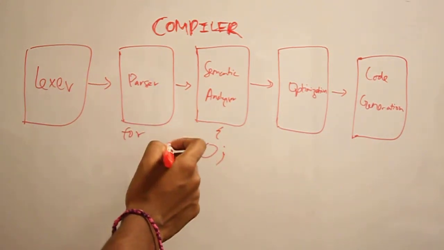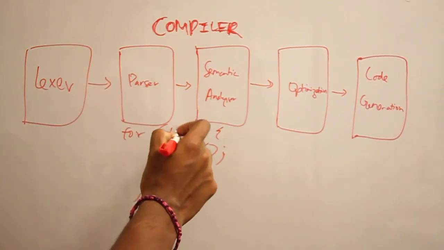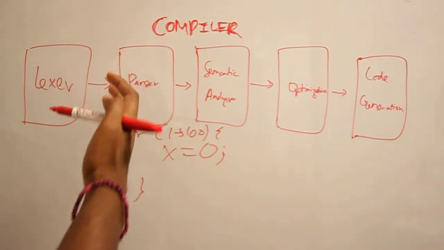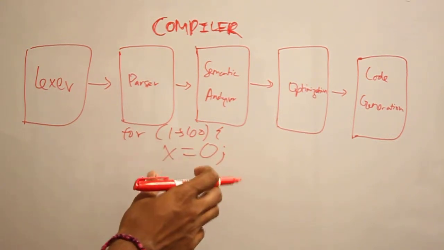But this setting of x to 0 might as well be outside, because let's say this loop goes from 1 to 100. You don't need to do this 100 different times. You just have to do it once outside the loop, since x is not modified by any other part of the loop. And this is something that the compiler does.